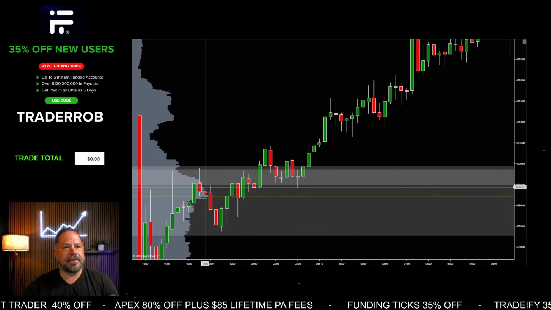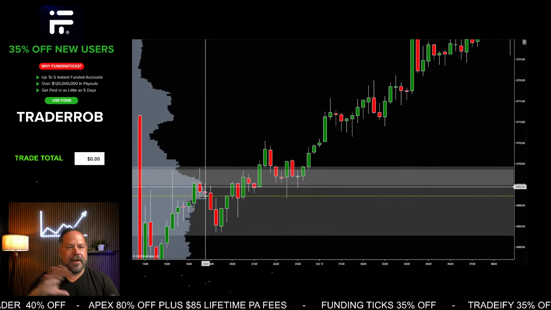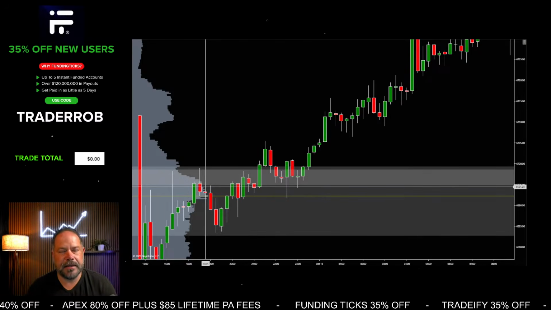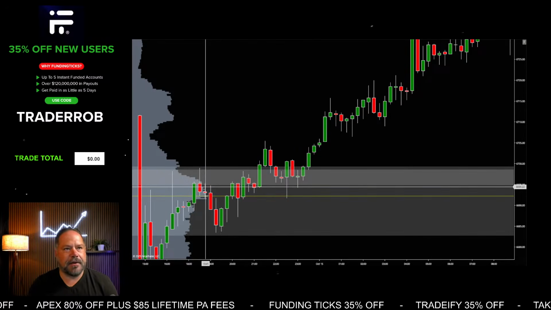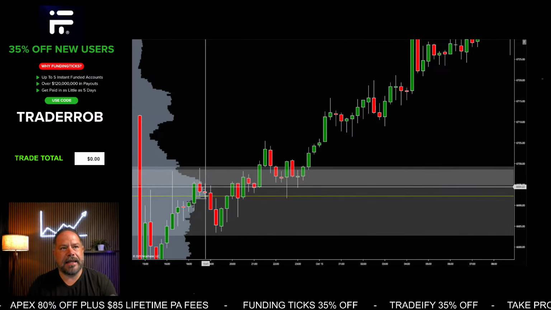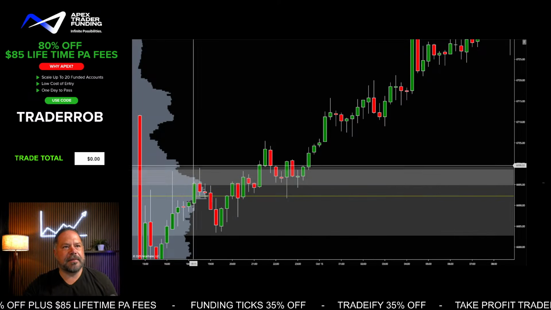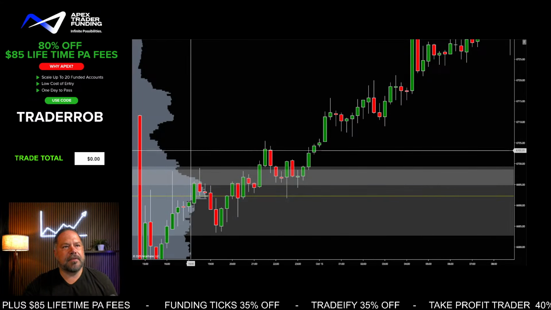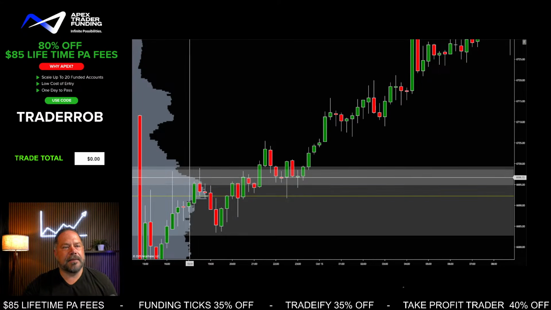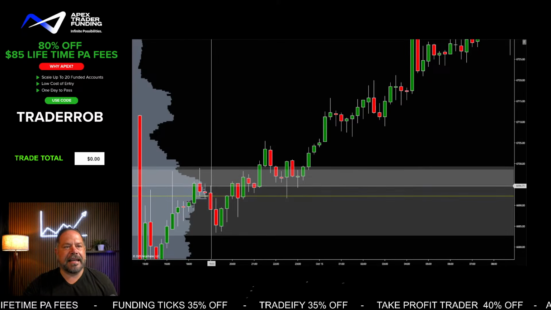I'm looking for ledges. Okay, so my volume profile is on the left-hand side of the screen. Doesn't really matter, you can have it on the right or the left. But the reason why I like to see it on a bigger time frame, on the 15-minute, is that what I'm looking for is a volume profile that's extending out to the right.